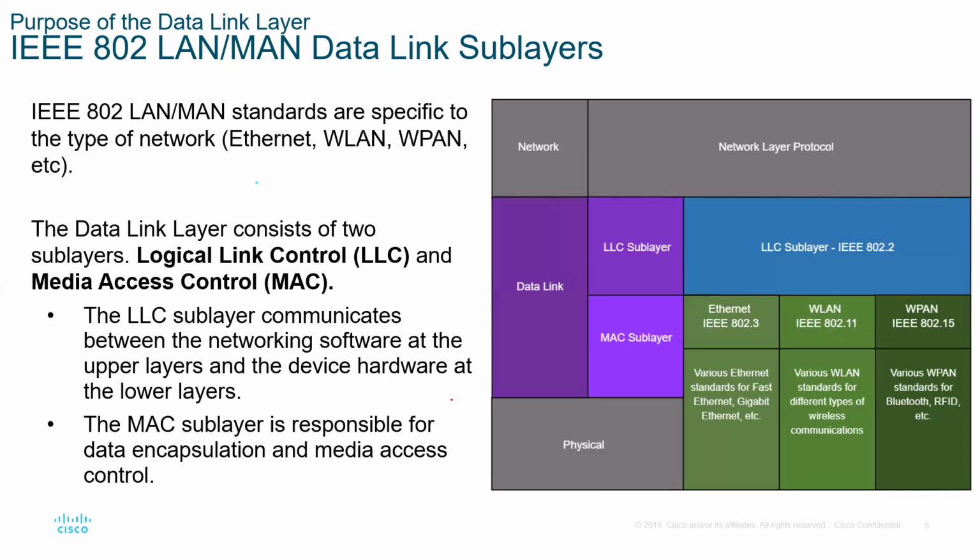All right. The LLC acts as an interface between the higher level networking software and the hardware components of the lower layers. So you will see from layers 1 to 7 of the OSI model, I think I gave a brief explanation of this.